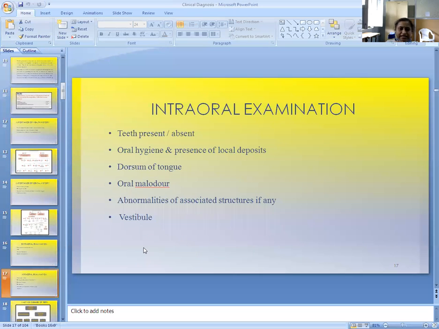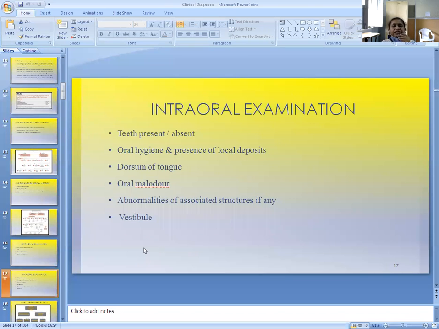If mobility is there, then you can suspect the patient's attitude also, because in periodontal disease, very commonly you can see mobility of teeth. Other than that, history of trauma and all, you will come to know. If there is a history of tooth loss, you have to ask.